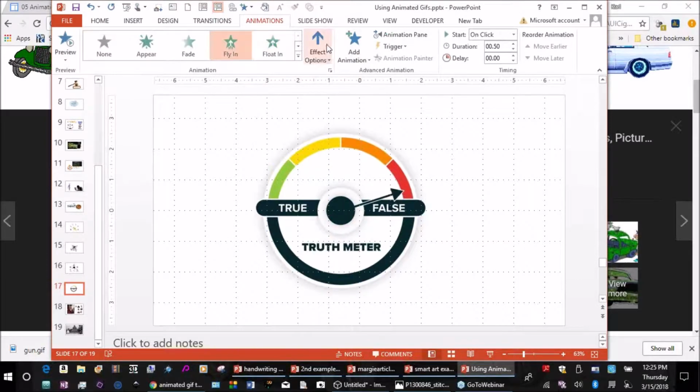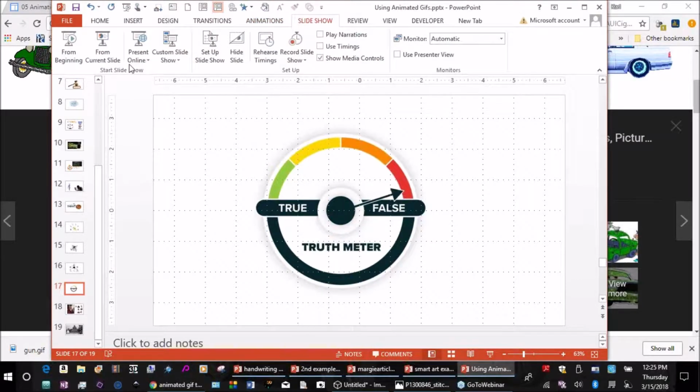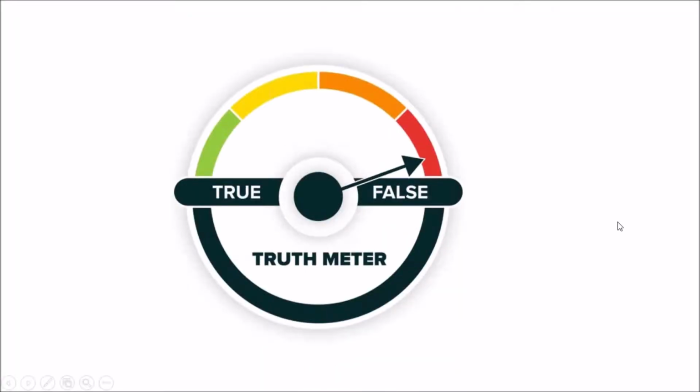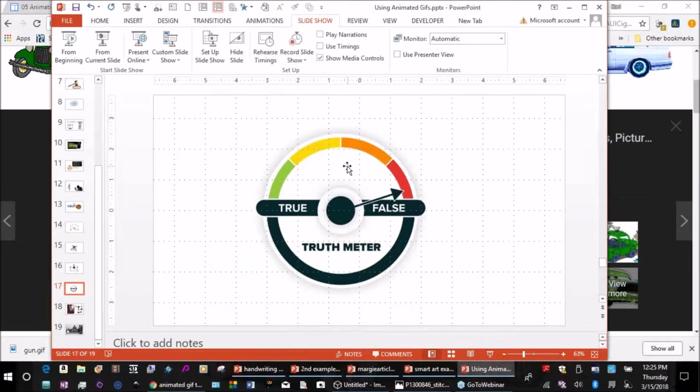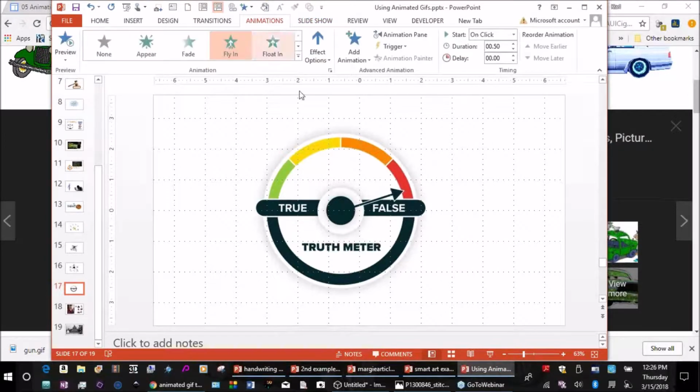And once you do that and you test it out with your slideshow from current slide, and you click, it brings it in. You may say, well, I don't really like that particular animation speed. Again, you go to your animation option and pick your animation pane.